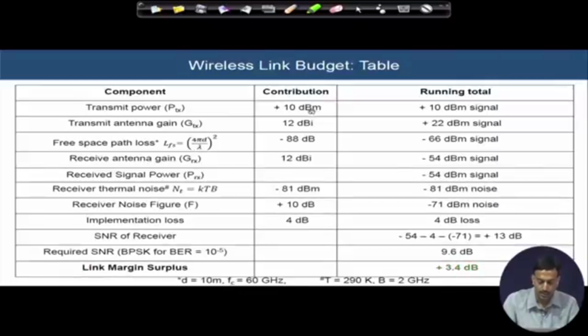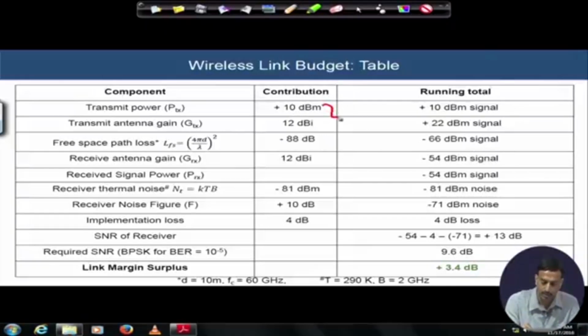So you can see that this table is similar to the previous table, but the only difference is we have added a 12 dBi gain at the antenna. So we see now that the EIRP is turning out to be the addition of these two.